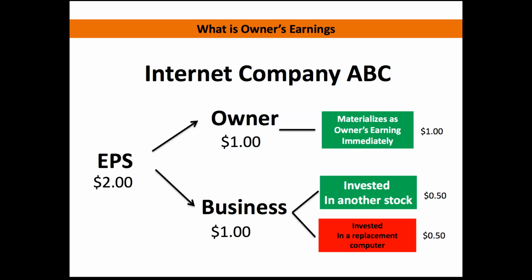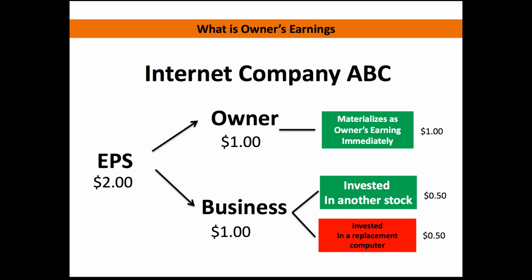So same concept, but I have it color coded here. You can see how the dollar that was paid to the owner as a dividend is green, so that's our owner's earnings. When we go down to the dollar that was invested into the business, only half of it turned into owner's earnings. The money invested in the stock pick was additionally added onto our balance sheet, whereas with the 50 cents invested in the new computer, the old computer was taken off the balance sheet and discarded, and the new one was put in its place, and we didn't see any book value growth from that.